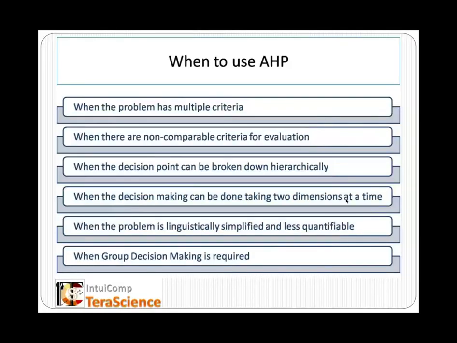So we will be comparing the features by taking these dimensions two at a time. When the problem is linguistically simplified and less quantifiable, so you can understand the problem easily and you can break it down. And when to use AHP? When group decision making is required. So when the decision making requires the complete group, you have a lot of features and you want to use all of them to make the decision.